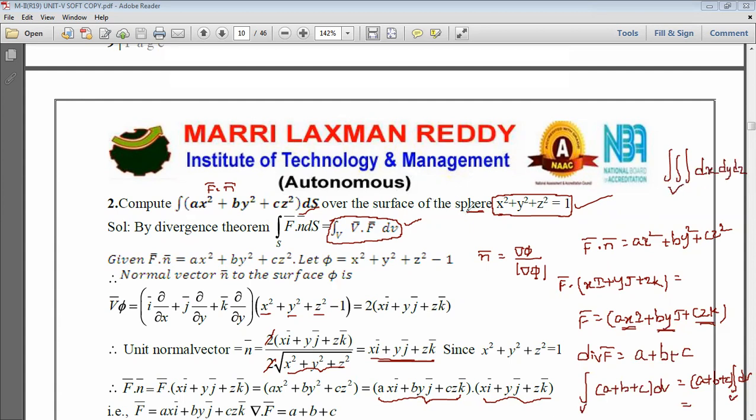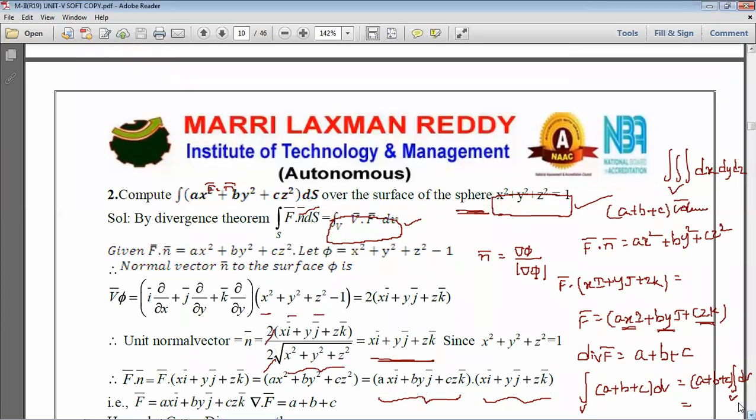And what about the surface? It means the volume of the sphere. No need to write the limits and no need to calculate all this. Simply a plus b plus c into the volume of the sphere you can write.